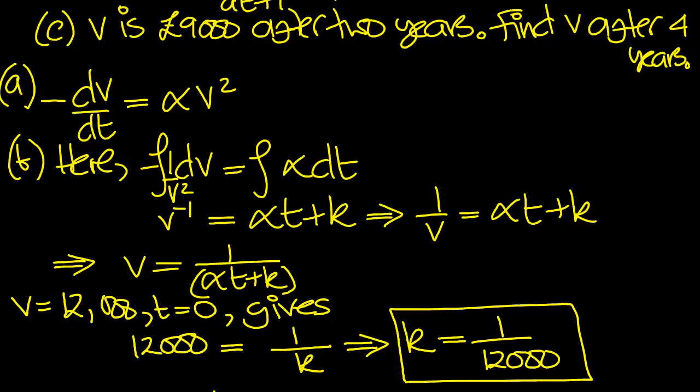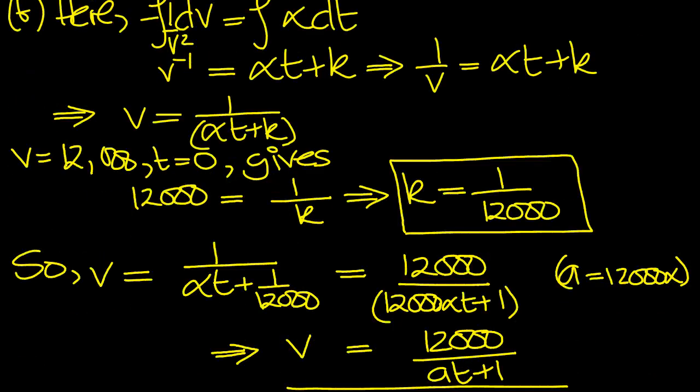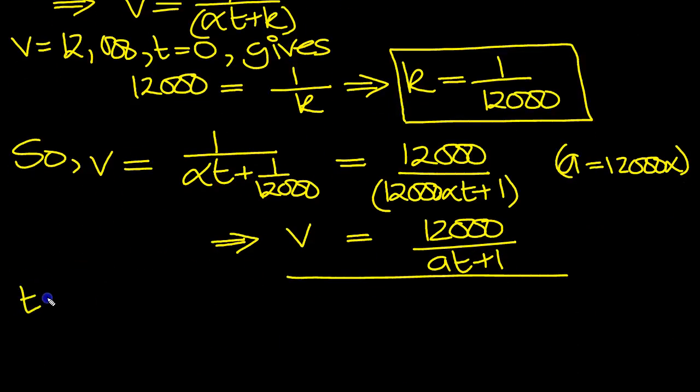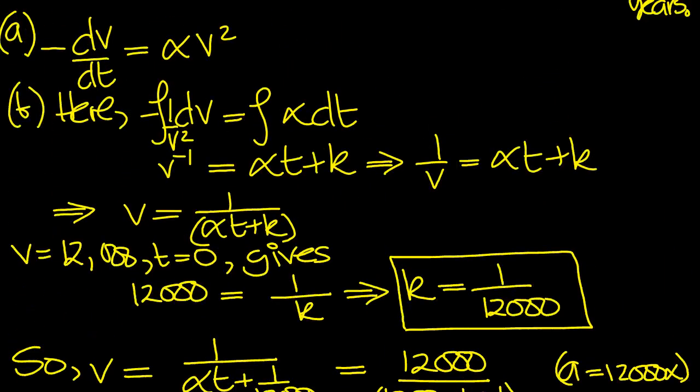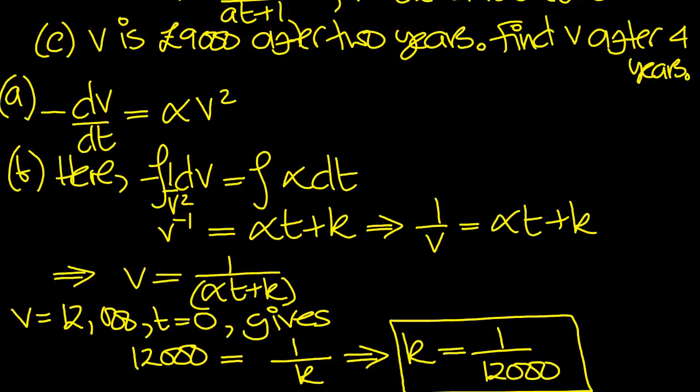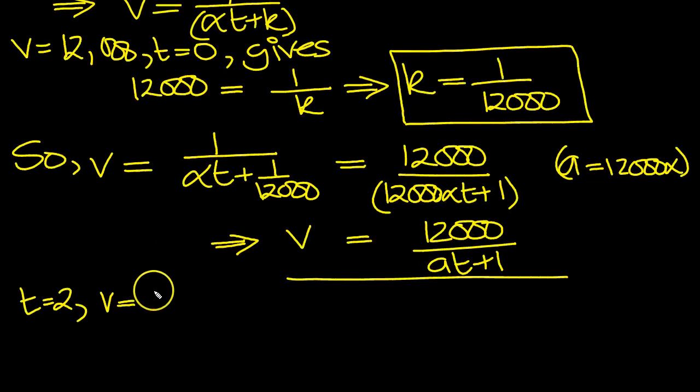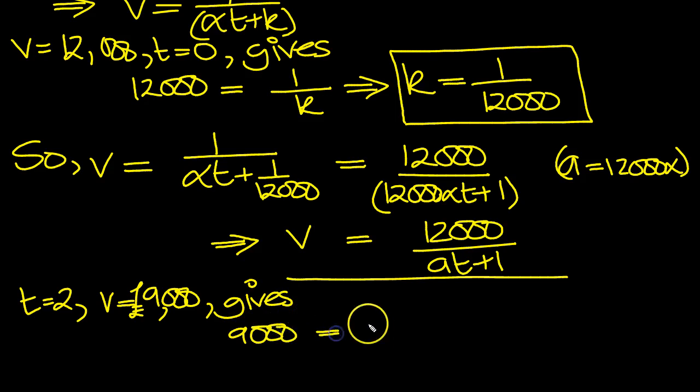So part C now. v is 9,000 after 2 years, find v after 4 years. So when t equals 2, v is equal to, let's have a look again. I think it was 9,000, yeah, 9,000 pounds gives, so we get 9,000 is equal to 12,000 over, t is 2, so it's 2a plus 1.